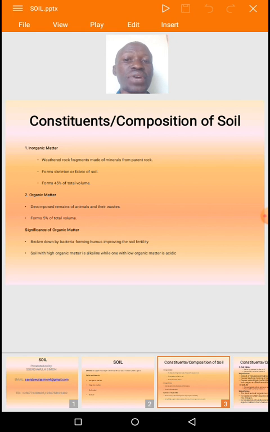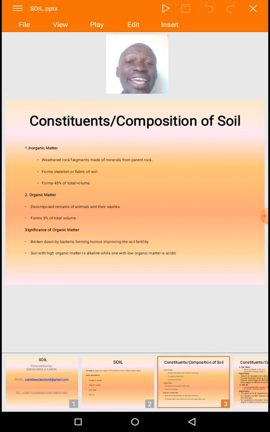This inorganic matter is weathered rock fragments from the parent rock, those materials that broke off from the rock. They form the skeletal or fabric of the soil. When we say skeletal or the fabric, we could say the raw material, how the soil comes from this inorganic matter.